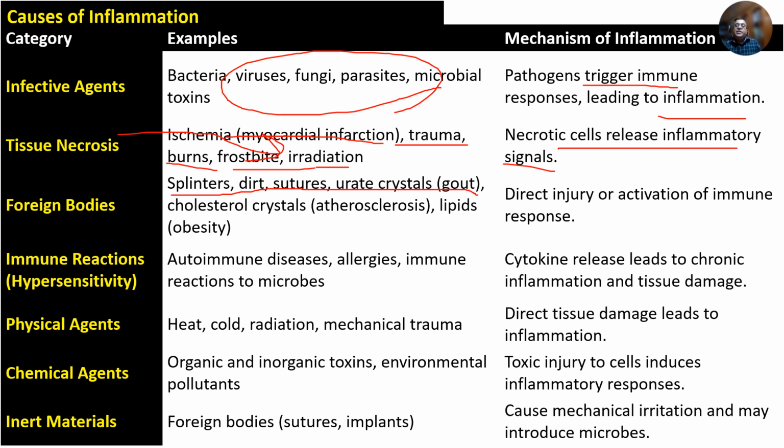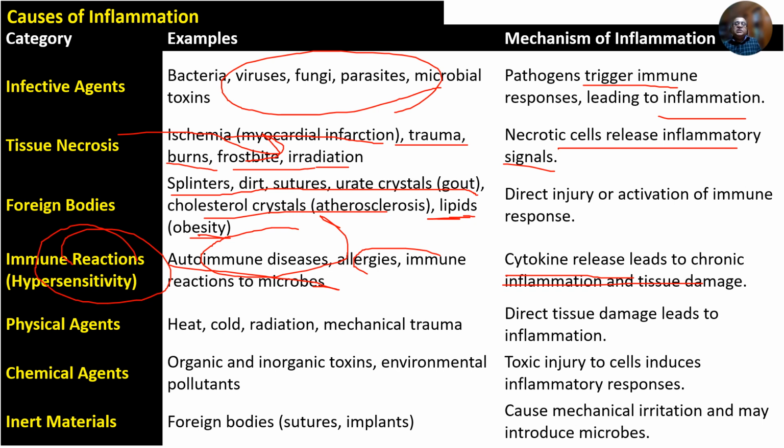The uric acid, when it crystallizes within the joint or soft tissue, will result in the start of inflammation. Then cholesterol crystals can be deposited. Lipids, as occurs in obesity, can be a pro-inflammatory state. In hypersensitivity, there is cytokine release that leads to chronic inflammation and tissue damage, as occurs in autoimmune disease, allergies, immune reaction to the microbes.